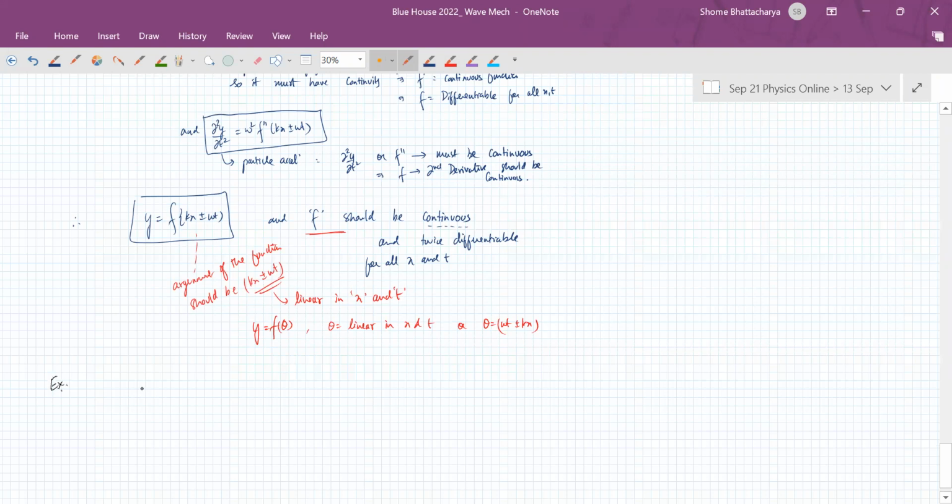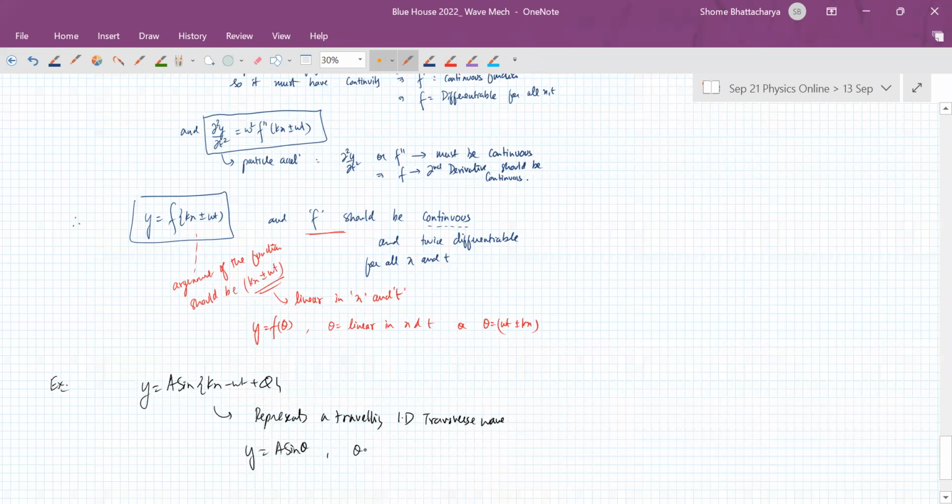So for example, this function represents a traveling wave. Because basically it is of the type y is equal to a sine theta, where theta is linear in x and t.